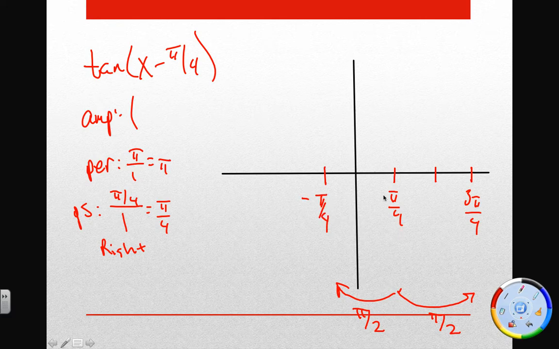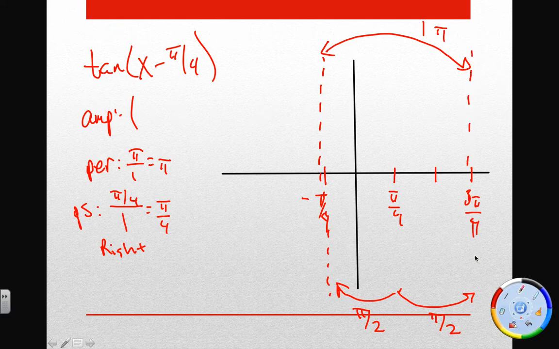That means the full distance across is now 1 pi, which is what my period is. These are your asymptotes. Your middle is your intercept. And your other two middles are your other two guiding points.